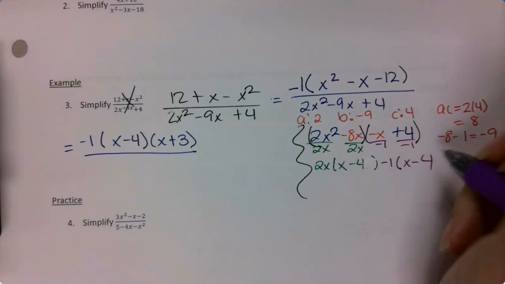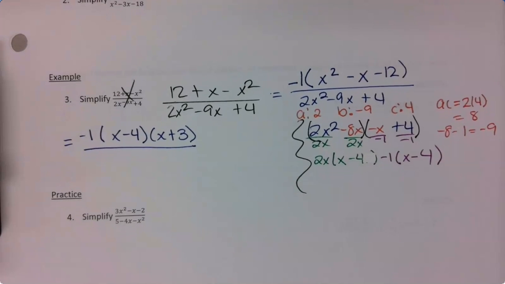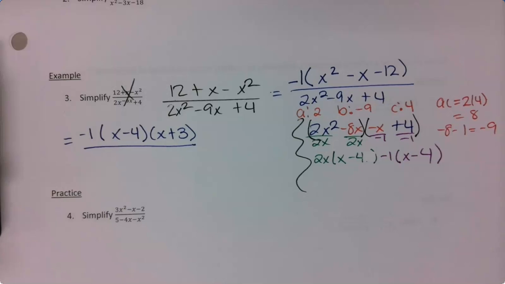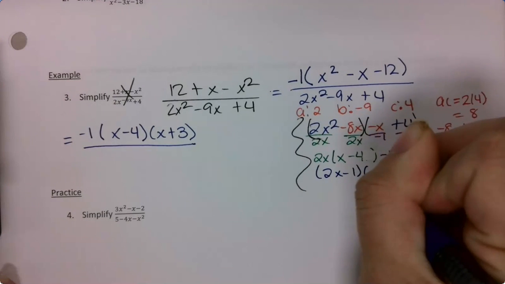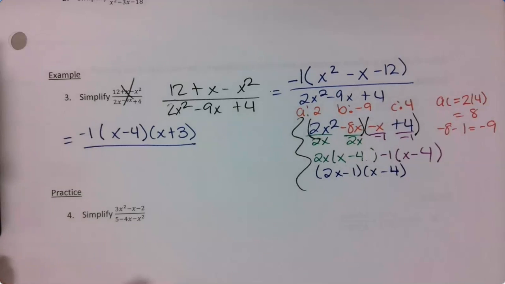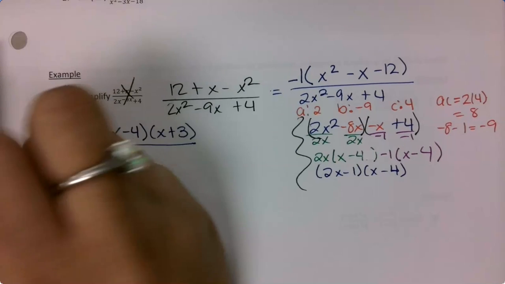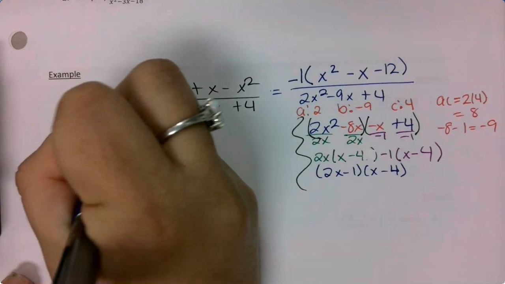Okay. So now what do I want to do after this step? Combine them. So I get 2x minus 1 in one group and x minus 4 in the other. So I'm going to go ahead and write that on the denominator of my fraction.